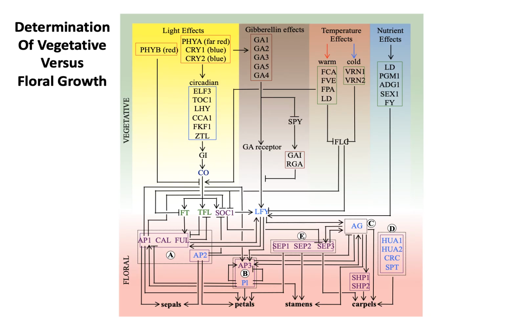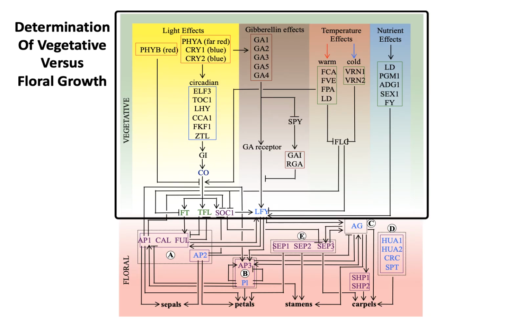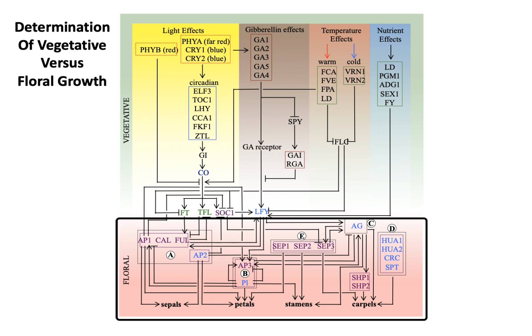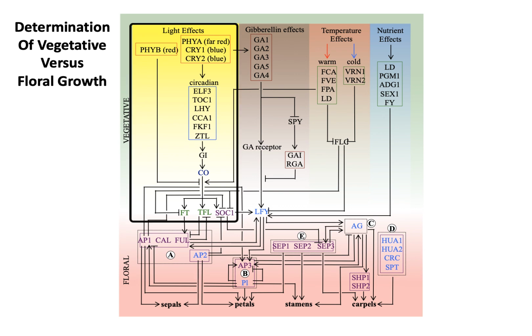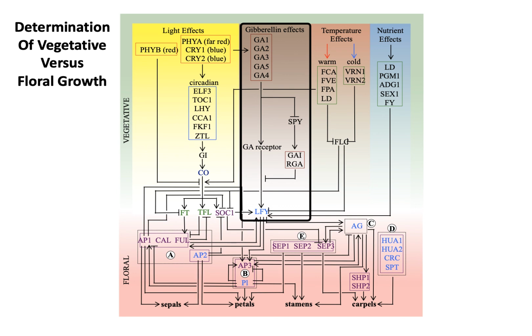In addition to the formation of leaves and vegetative structures, there's the formation of flowers, which takes other types of genes and gene products to stimulate or repress those. So for vegetative growth, you have light effects, primarily red light, far red light, and blue light. Gibberellin affects hormones.